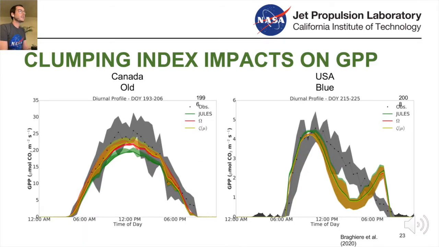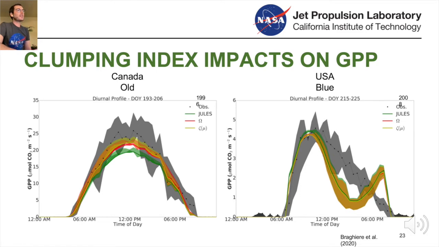So when we calculate now gross primary productivity for these two sites, the black lines are the flux tower GPP. So what we see is that JULES without clumping is this green line, and then JULES with clumping, GPP goes up, right?